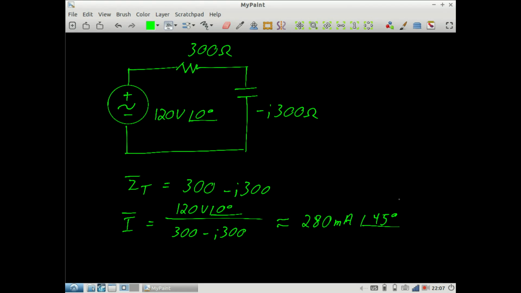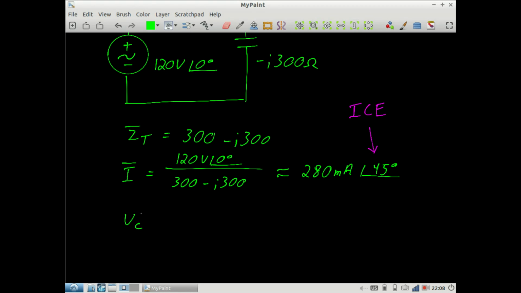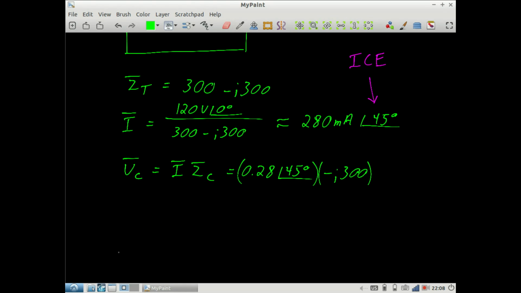Let's do a sanity check on this with Eli the Iceman. The angle is positive, so that means it is indeed a capacitive circuit. Now, the voltage on the capacitor can be calculated as the current times the impedance of the capacitor, which is our 280 milliamps by negative J 300, giving us approximately 85 volts at a phase angle of negative 45.